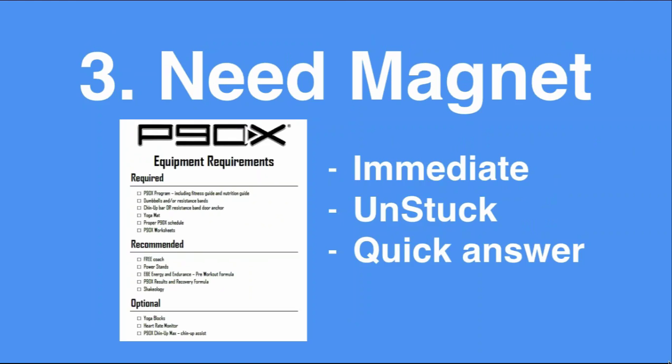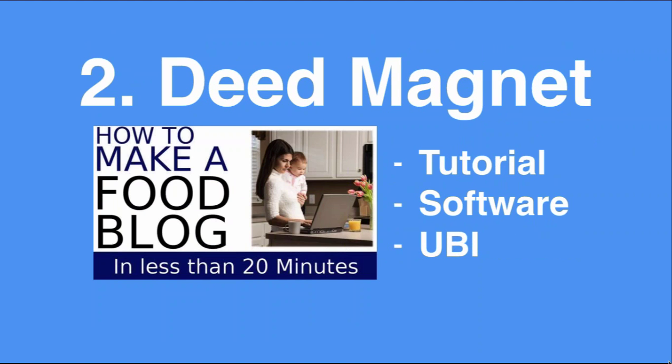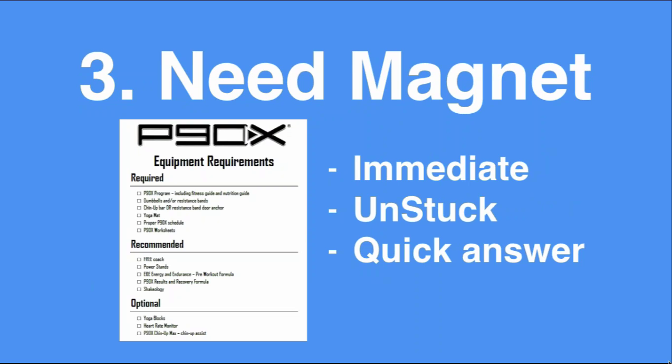So let me go back through those one more time. A seed magnet is a case study based on results that you got for a client, someone like the market, and it's because of you. A deed magnet is a tutorial or software. It's useful but incomplete, and it's something that people can only utilize if they make a purchase. The need magnet is something that gives people immediate access to knowledge or even a checklist.